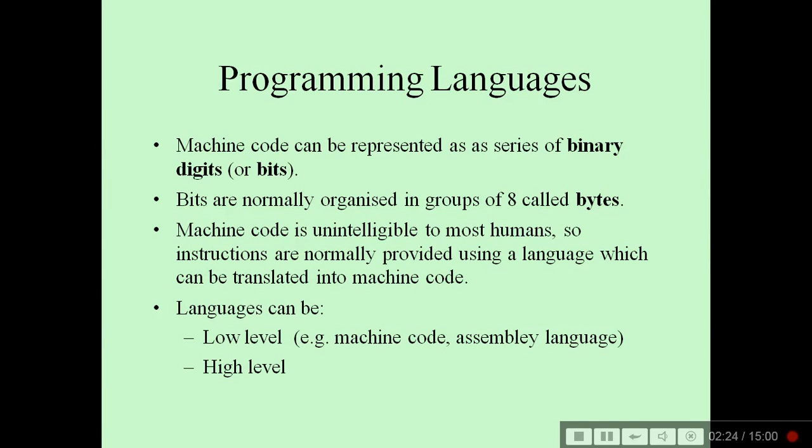So instructions are normally provided using a language which can be translated into machine code, and we call these high level languages. Low level languages are machine code, 0101, and high level languages are languages like C, C++, Python.